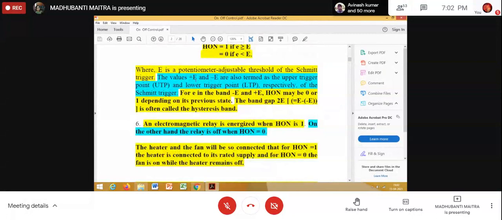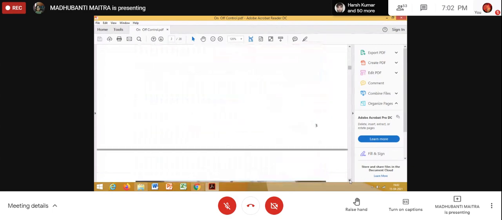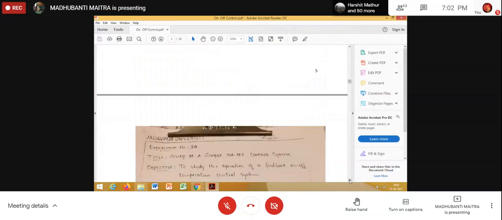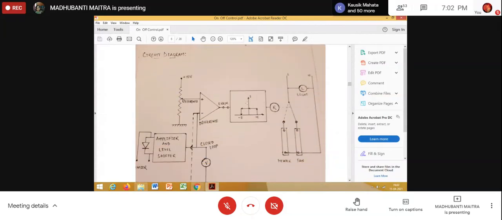The values plus E and minus E are also termed as the upper trigger point and lower trigger point. Just ignore the arrows. So this is the transfer characteristic of the Schmidt trigger. What is the input to the Schmidt trigger?